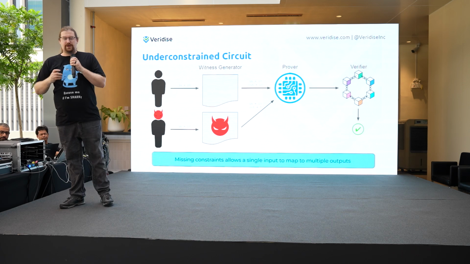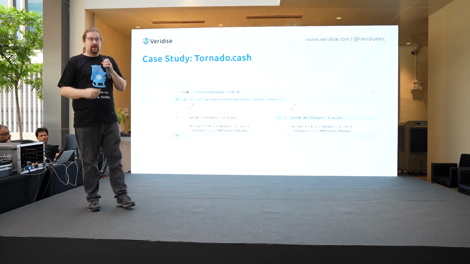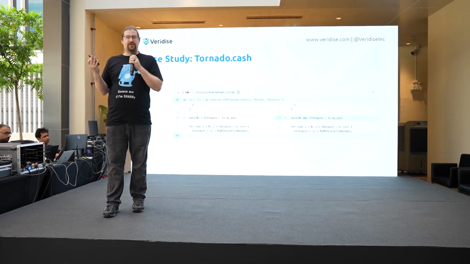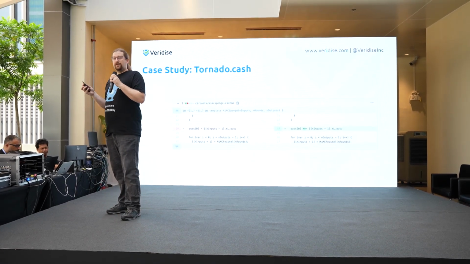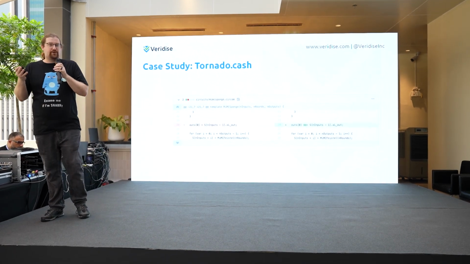So we can take a look at when this actually occurred in the wild. Tornado Cash actually had an under-constrained circuit in their implementation. The important thing here is Tornado Cash eventually caught it before anyone actually exploited it.